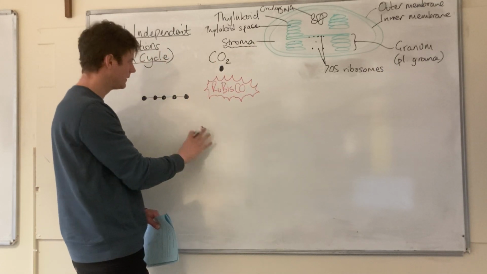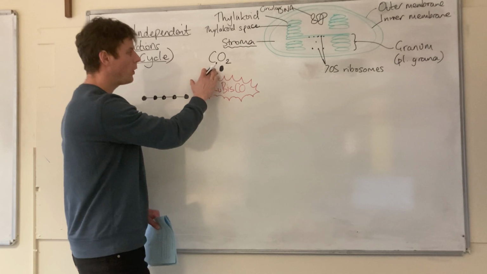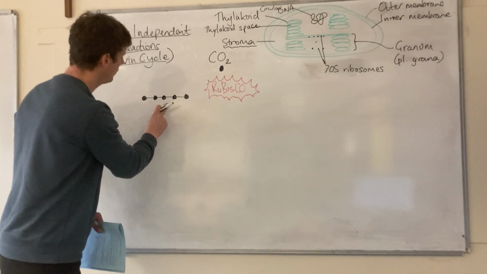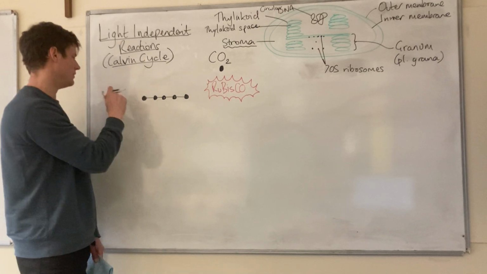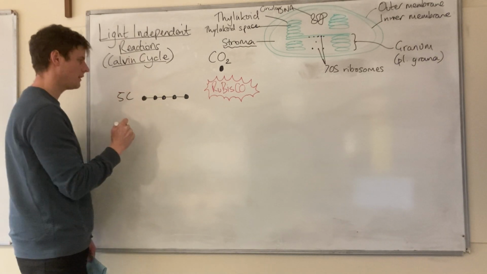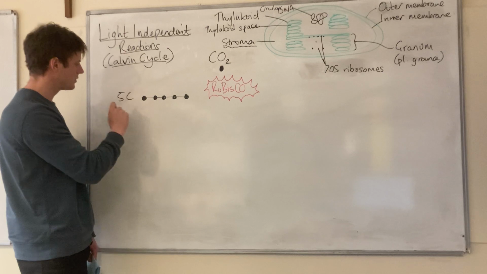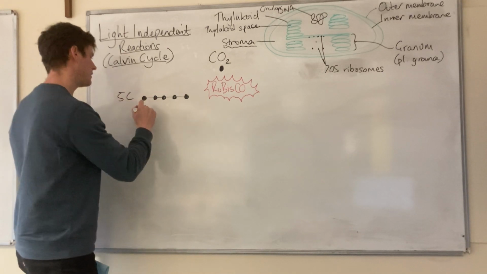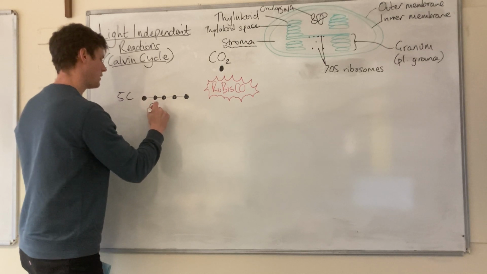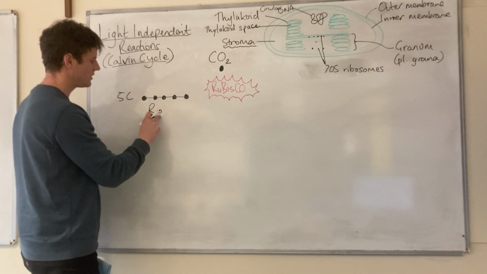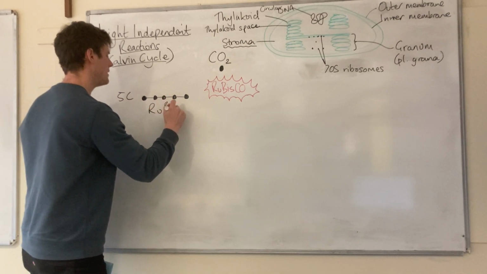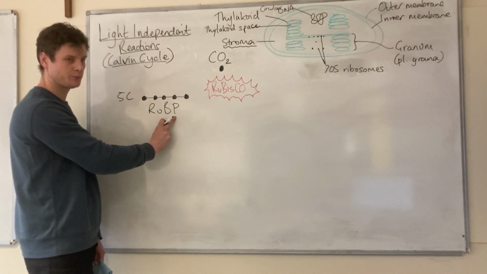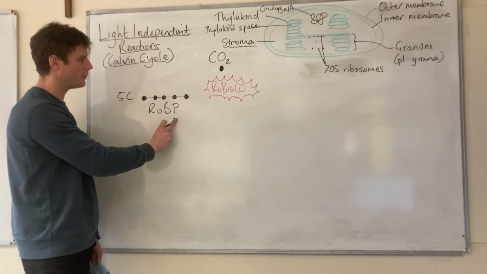In the stroma, the one carbon in carbon dioxide combines with a molecule that contains 5 carbons. This molecule is called ribulose bisphosphate, or ribulose 1,5-bisphosphate, but you can refer to it as RuBP.